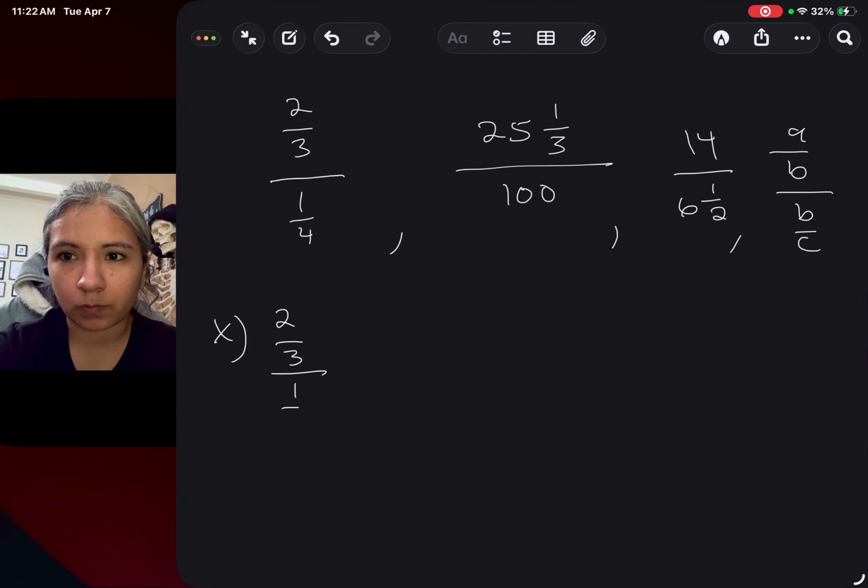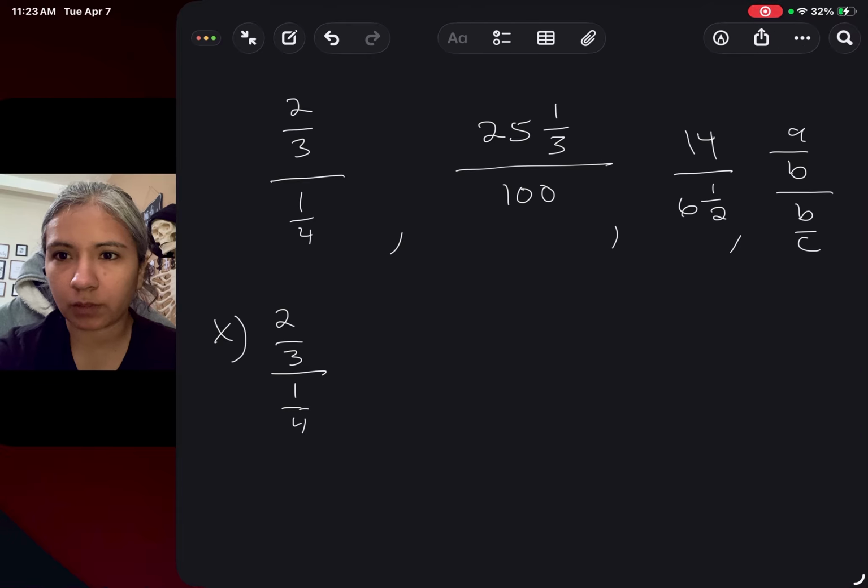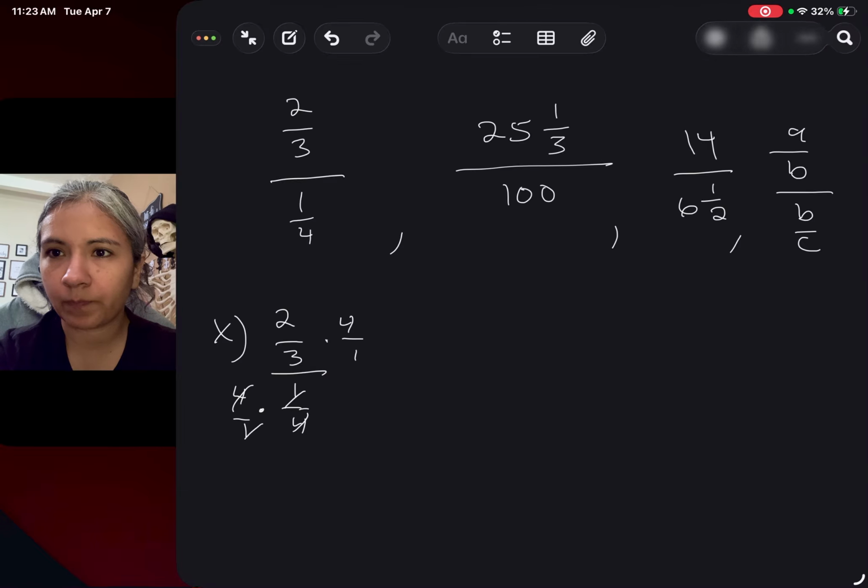2/3 over 1/4. So we want to get rid of the denominator, right? That means we multiply by its reciprocal on top and bottom. 4/1, because that way all of these will cancel.